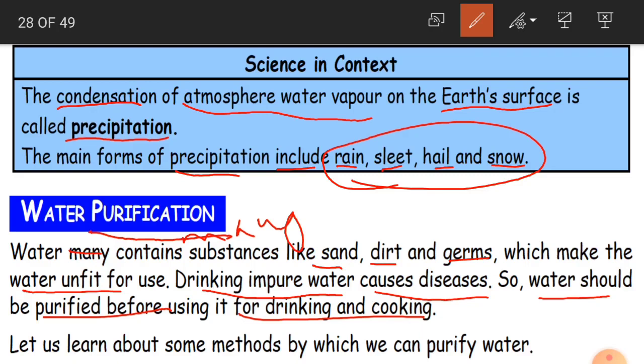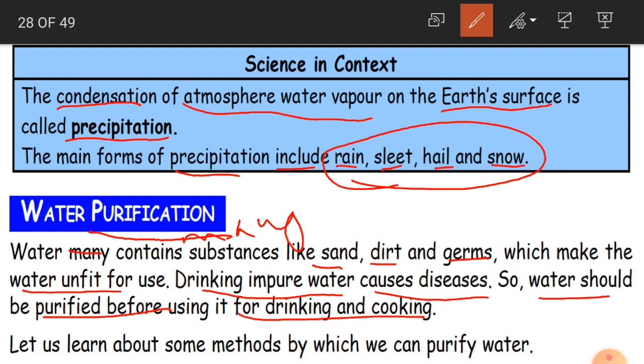If it is pure, it is good for us. But if it contains dirt, germs and sand, then what happens? Our stomach gets upset with that impure water, we will get diseases. It is going to harm our body. So that is why we have to take pure water.